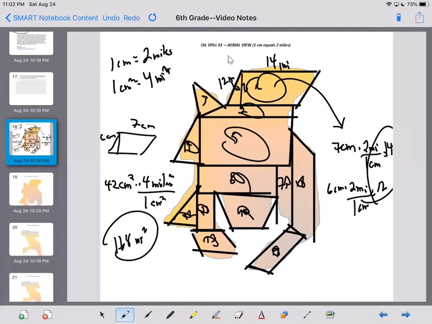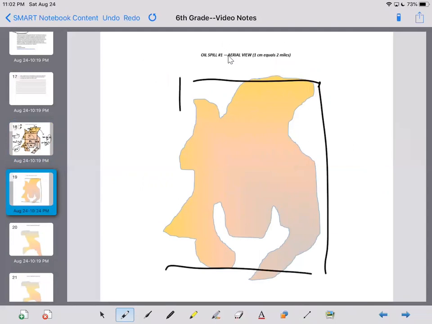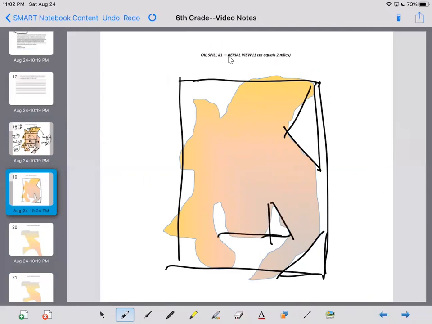Of course, you could have the students enclose it and then figure out different shapes to subtract. So really interesting activity for the students.